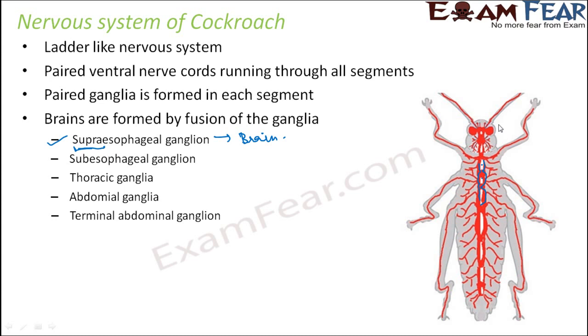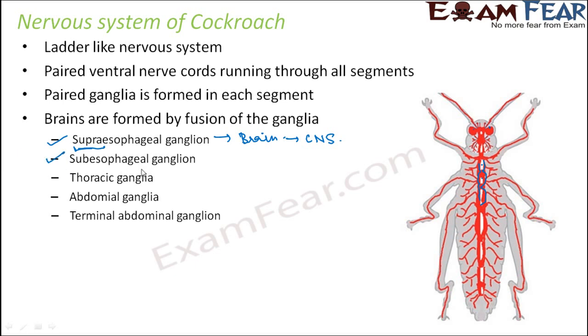This portion is the supraesophageal ganglia. This brain forms the central nervous system. The brain supplies nerves to the antennae and the compound eyes. So these are the compound eyes and these are the antennae. This brain will supply nerves to these two parts of the body. So that is supraesophageal ganglia.